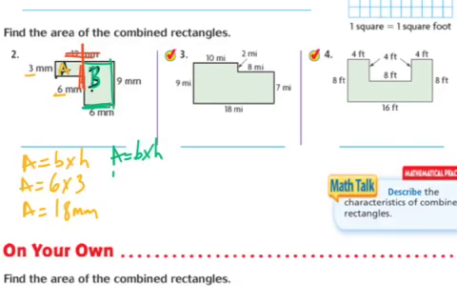My base is 6, and my height is 9. My area is equal to 54, and it's millimeters.